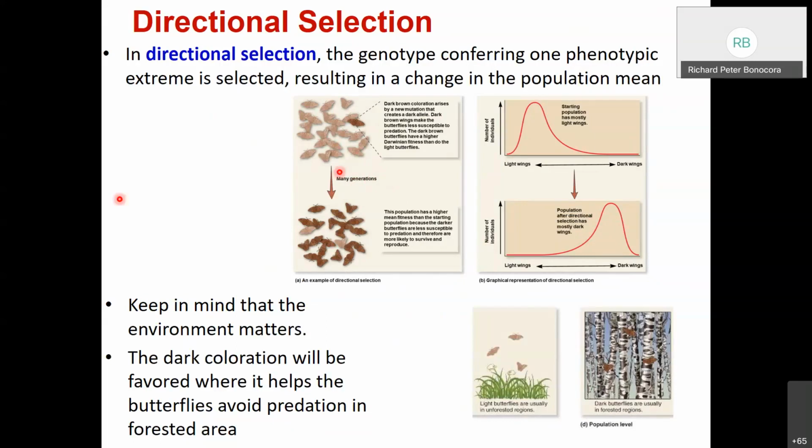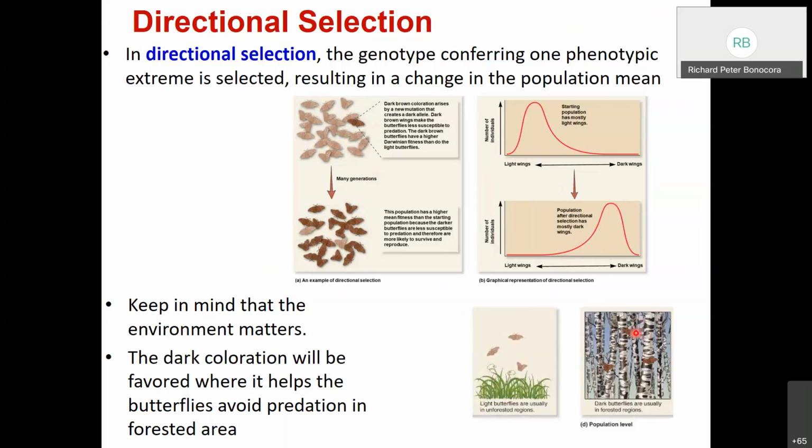And this is going to be due to some environmental factor. An example that goes all the way back to the very first lecture: dark coloration is favored to help butterflies avoid predation in forested areas. So if something drives the population towards the forest, those with the darker wings are going to survive better. This can also go in the reverse direction. If they start out with a population with darker wings, you can imagine deforestation, where most of the population is in a forest and the forest gets removed.